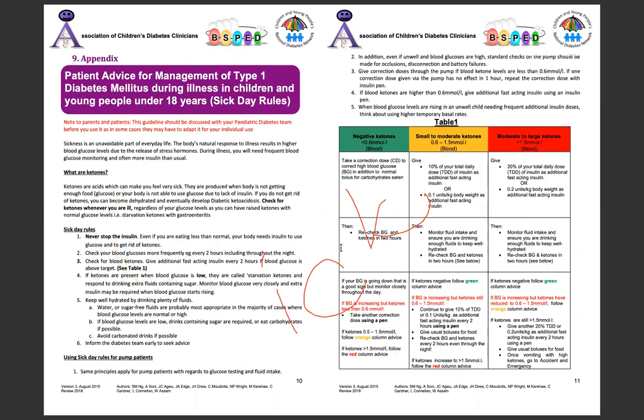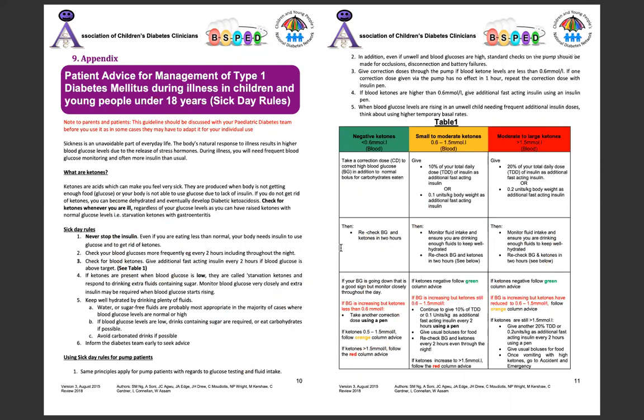Number one, never stop insulin unless it is below 4. Unless the patient is developing hypoglycemia, never stop. Even if the patient is hypoglycemic, you will stop for only 2 hours. After 2 hours, if you see blood sugar is more than 4, you will give the dose again.